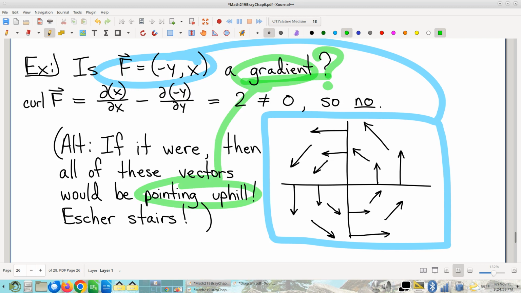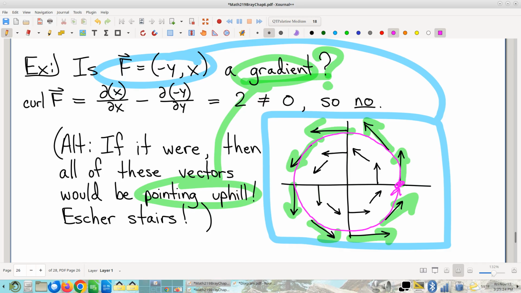So that would suggest that this is pointing uphill, and likewise that, and all of these vectors are uphill. And that would suggest that as you start walking here and go all the way around and come back, you were walking uphill the whole way.